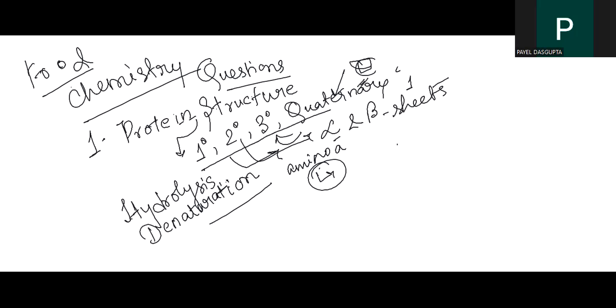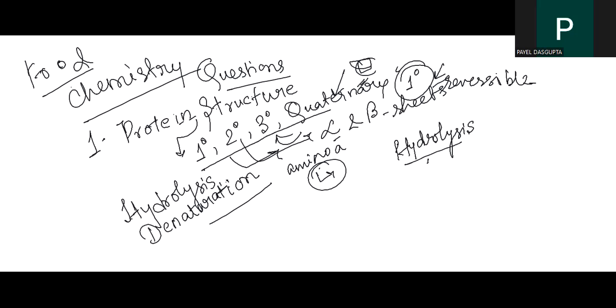And usually, it can be reversible also. In some cases, the denaturation is reversible. One more thing: denaturation of protein doesn't affect the main peptide bond.